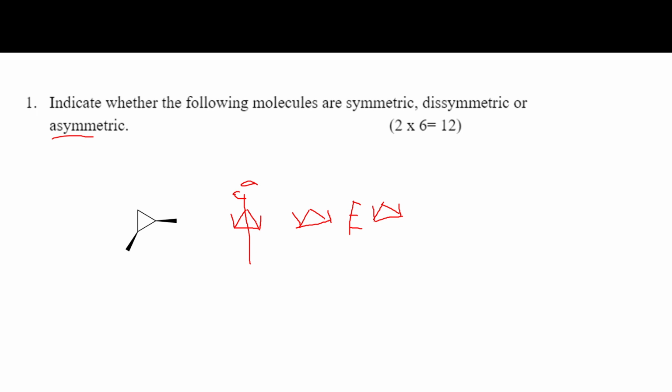So nothing changes after any operation. So this molecule is a perfectly symmetric molecule, where S2 is present, C2 is present, and sigma is present. So this is an example of a symmetric molecule, not disymmetric or asymmetric.